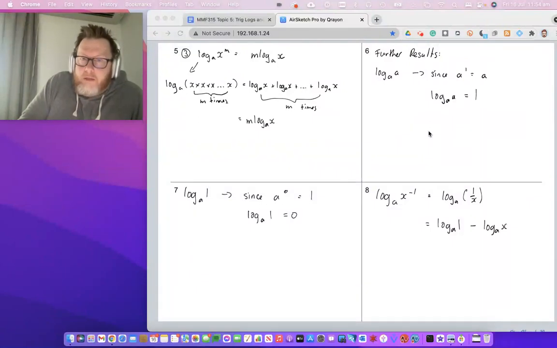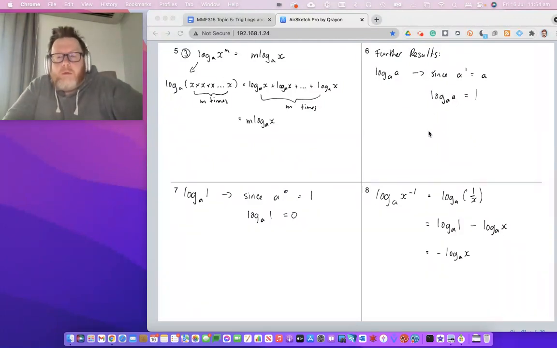And then if you look at slide 7, you can see that log base a of 1 is 0. So that gets removed, and I'm left with negative log base a of x. So that's an important outcome.